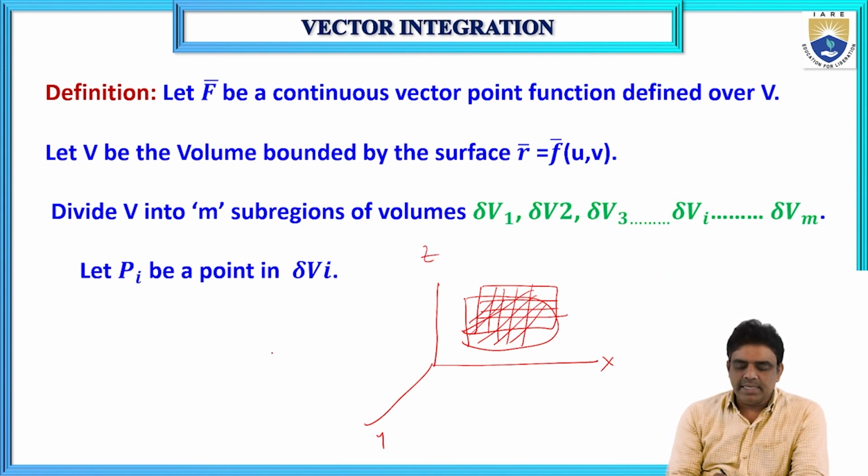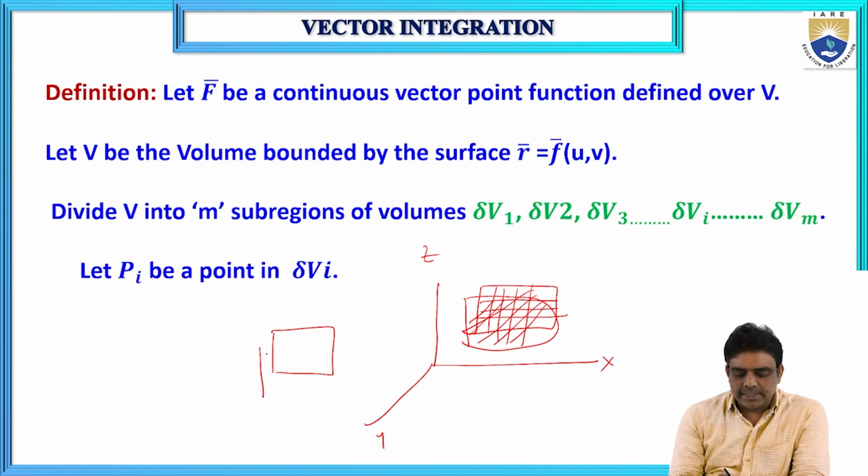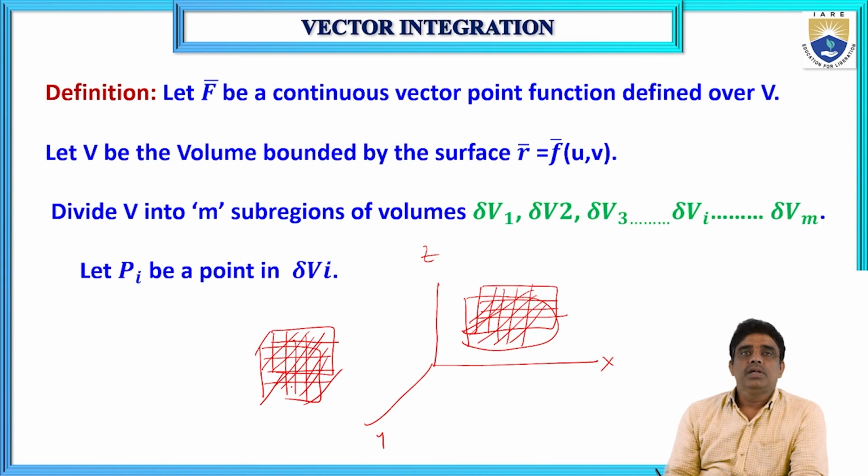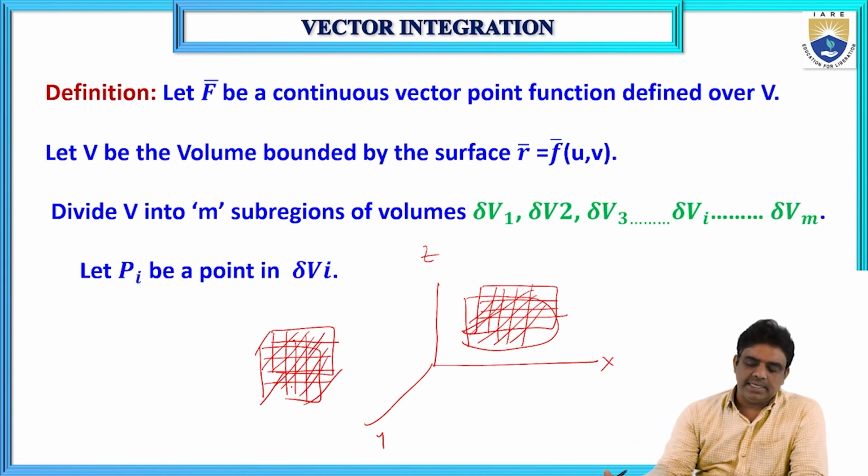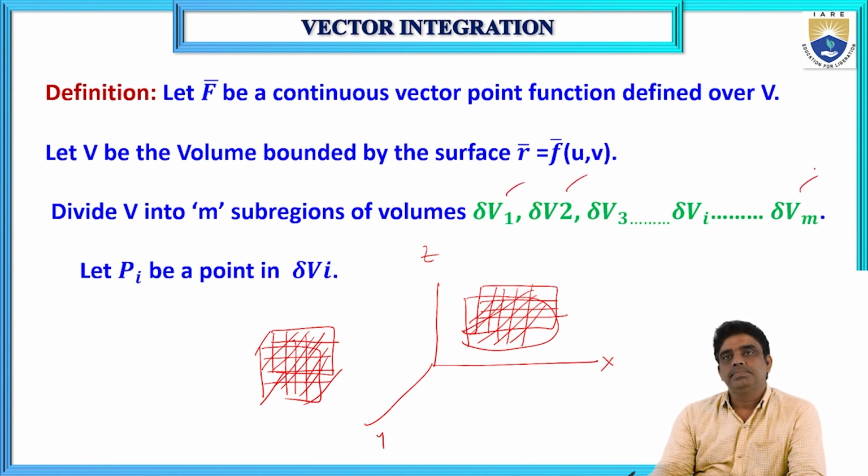Suppose it is a cube like this, then you can divide this region into m subregions. Let us assume that the volumes of the m subregions are delta V1, delta V2, and so on up to delta Vm.